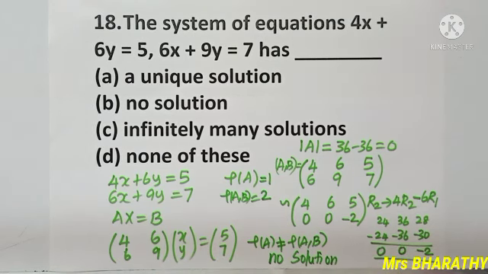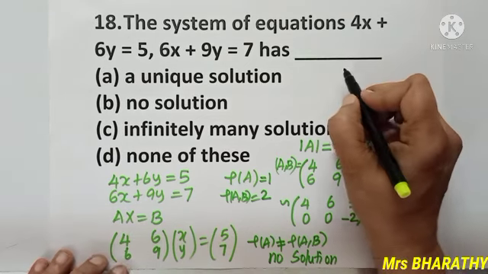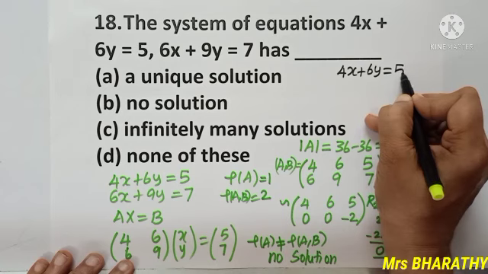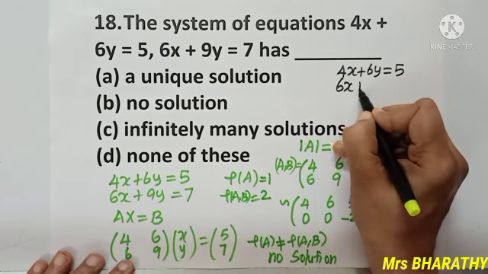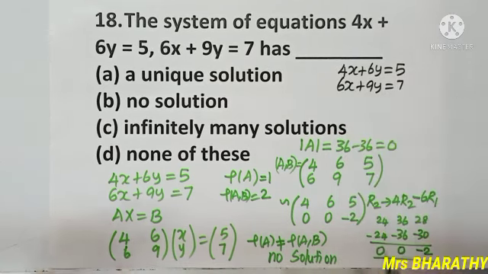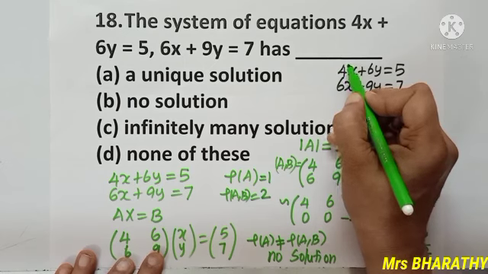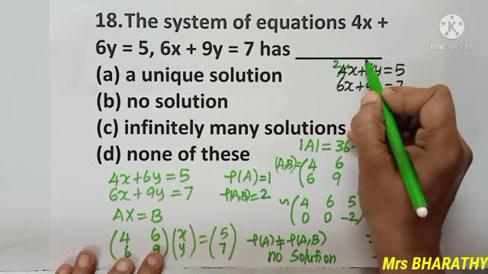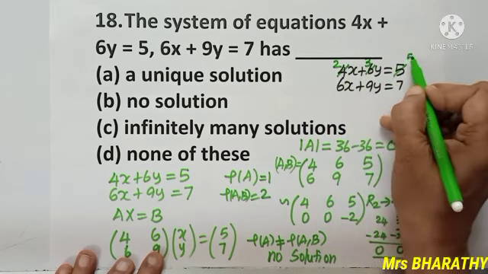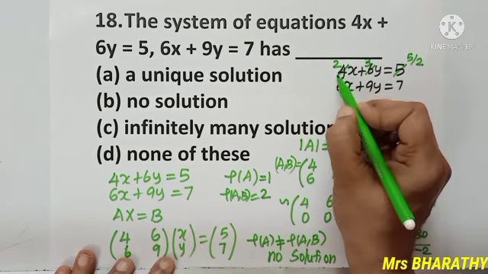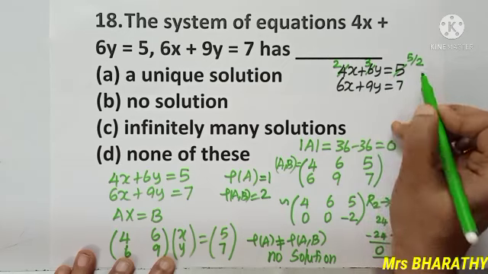So in this problem, just by looking, I can derive it like this. 4x plus 6y equal to 5, 6x plus 9y equal to 7. As I divide by 2 throughout, I get 2, 3, 5 by 2.